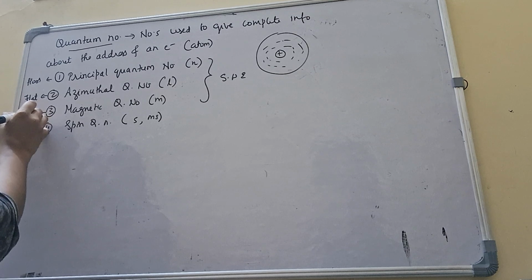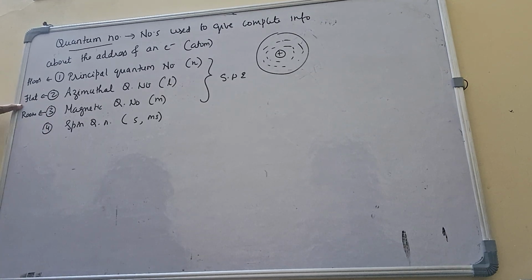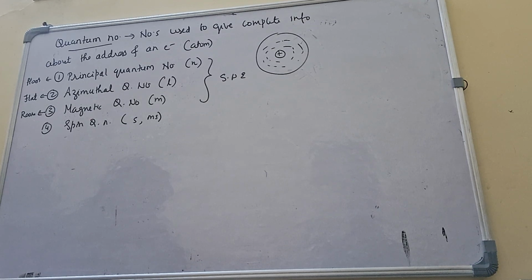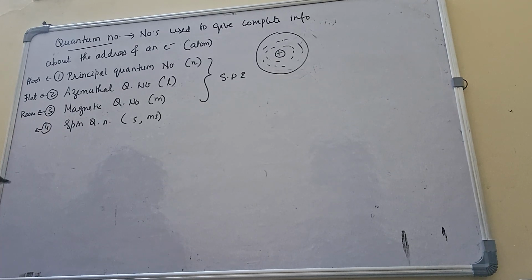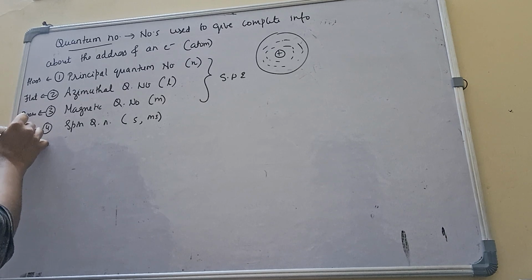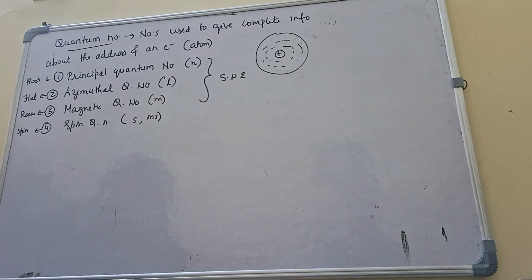See, when we tell our address, we only stop at the flat level, right? But here we are trying to find the exact location where the person currently is. Even if you give just the flat, that person might be in any room. We want to know the exact location. That's the reason we get inside the flat, and this number tells you about the room, and the last one is talking about the spin. Have this view in mind, it becomes easier to understand.